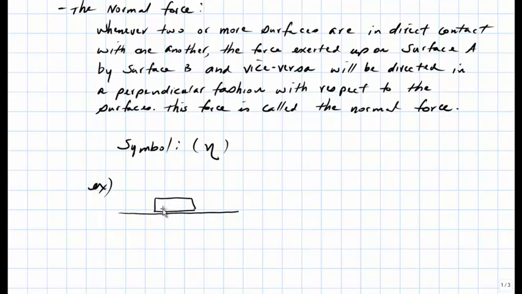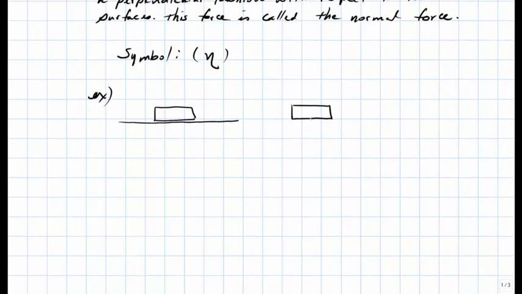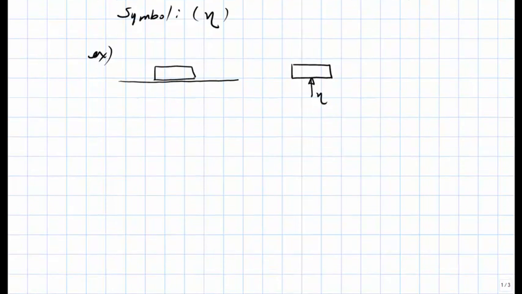Let's talk about the force that the floor exerts upon the block. It turns out that the floor exerts a normal force that's directed upward against the block, and we would represent that in a free body diagram like this. That's the normal force, and we label it with the letter N.